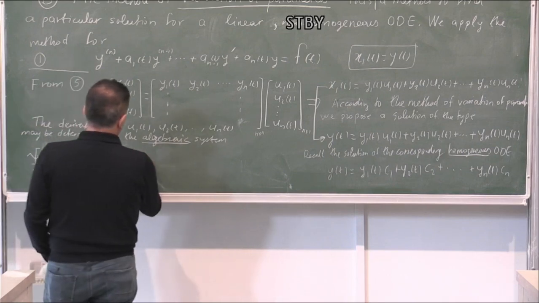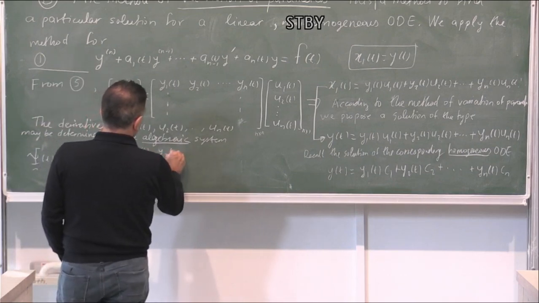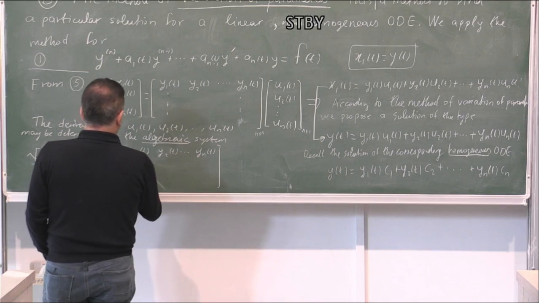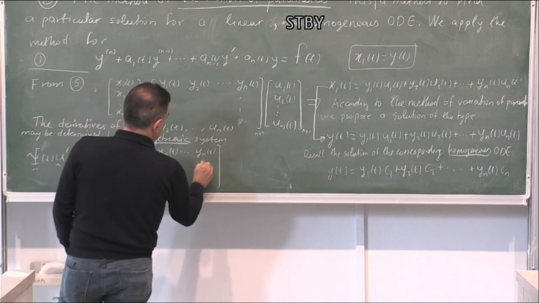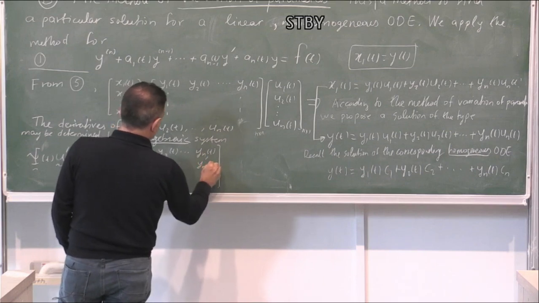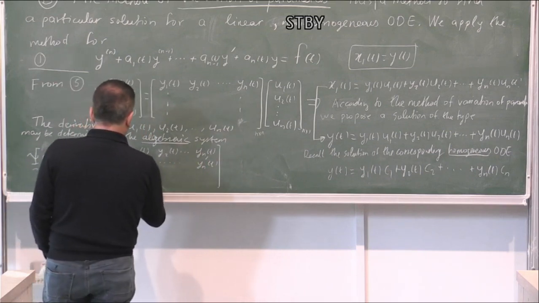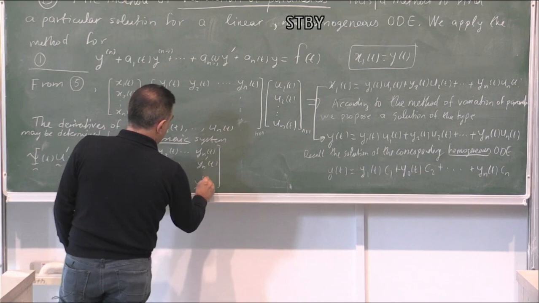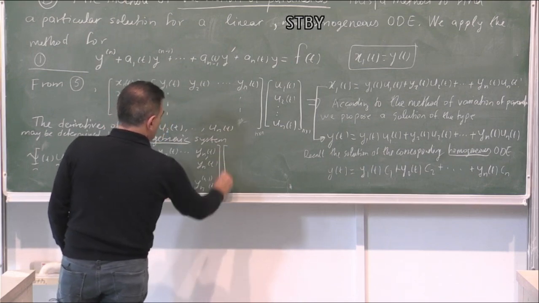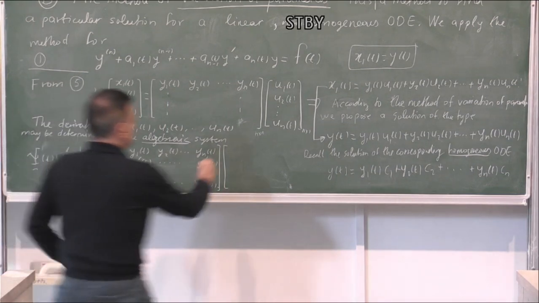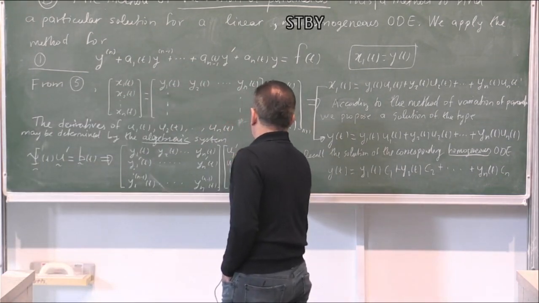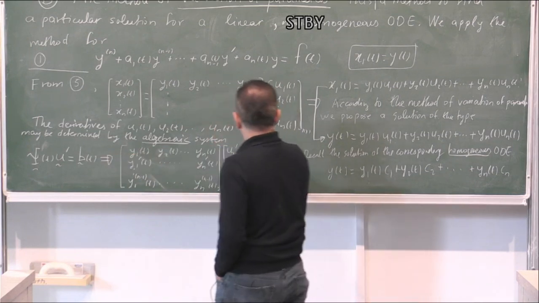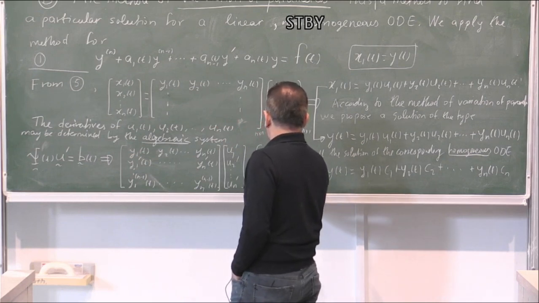Remember, the fundamental matrix has that form: y1, y2, yn of t, y1 prime, y2 prime, yn prime, and finally the n minus first derivatives, times u prime, so u1 prime, u2 prime, un prime, must be equal to b of t, which has this form: 0, 0, 0, and finally f of t.